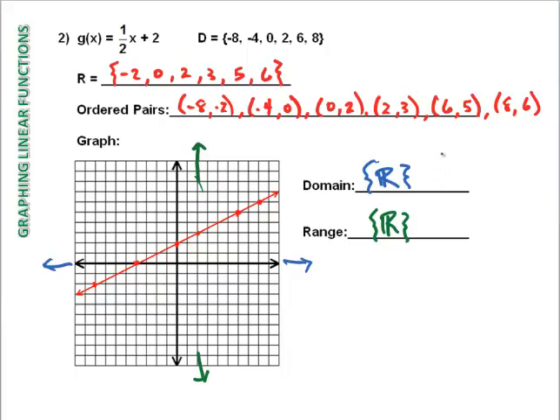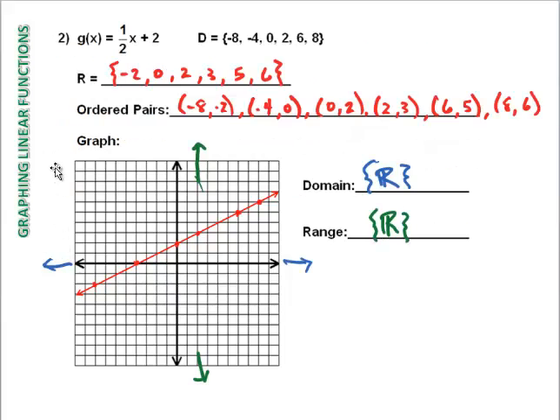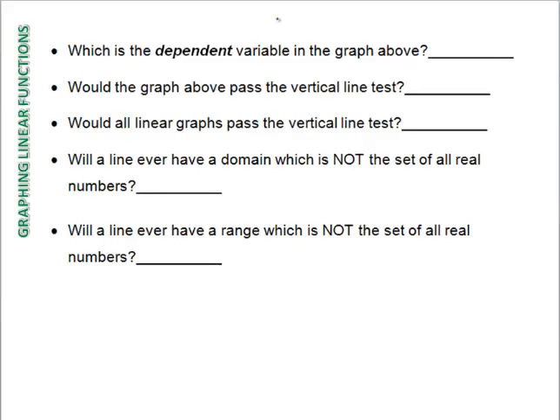Okay? Alright, now we're going to use this information. We're going to go back and answer some more questions that are on your paper. And the first question asks, which is the dependent variable in the graph above? Remember, the dependent variable is always our y-axis. So the dependent variable is going to be the y.